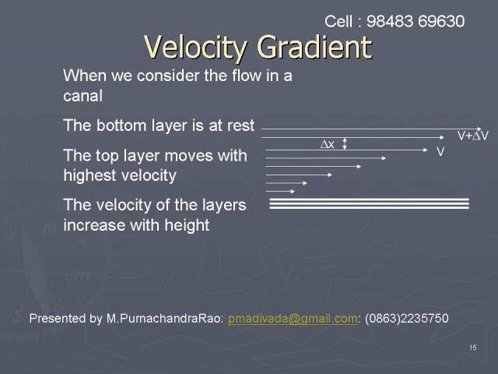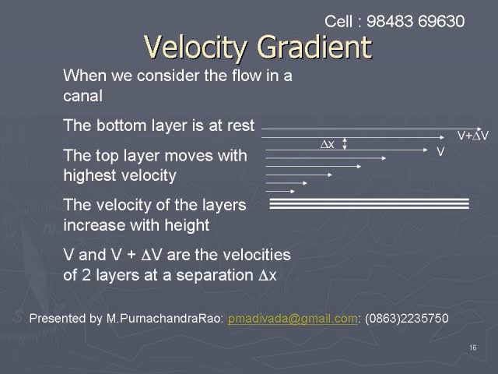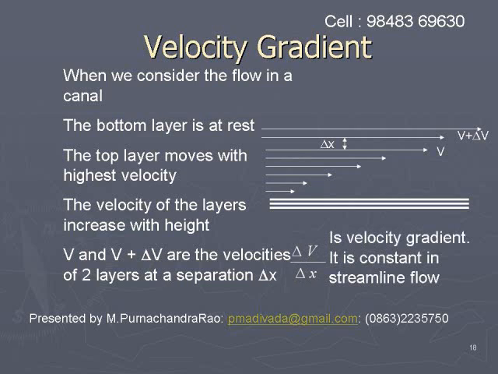That means the velocity difference of the layers is dv, and their separation is dx. When the water flows in a steady state, dv by dx is a constant. This is known as the velocity gradient.